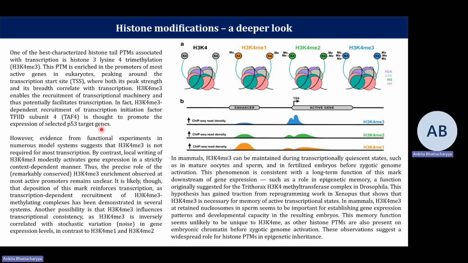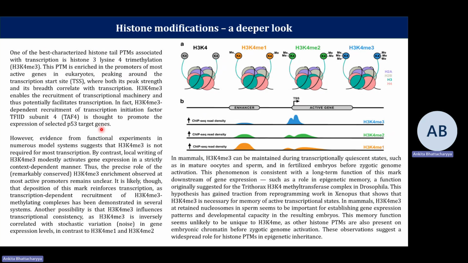What do we mean by that? We mean that sometimes the presence of this mark does not lead to immediate transcriptional activation, but instead helps the maintenance of a transcriptionally quiet state. It's not repressive, it is something which has paused transcription at that point of time.